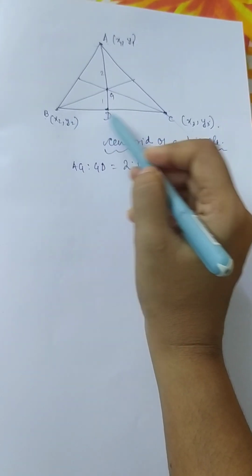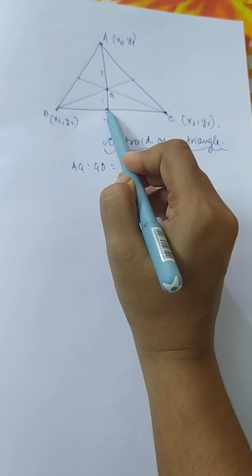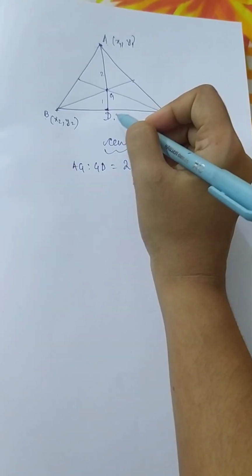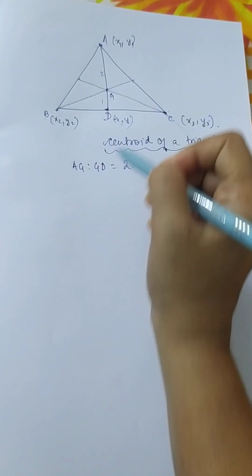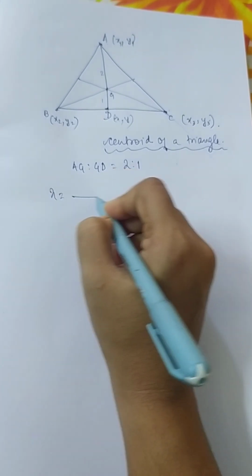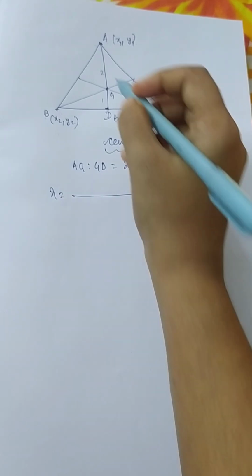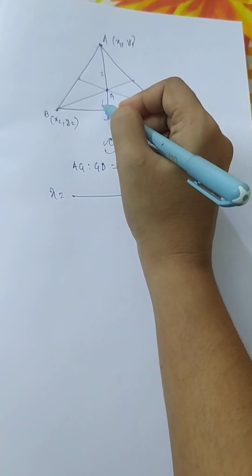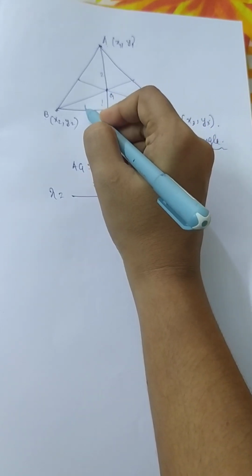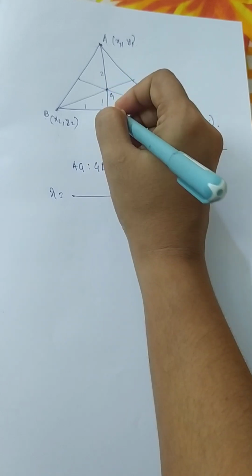So from this line itself, we can find out the coordinates of D. If we denote it as x and y, what will be the coordinates of D? As it is divided into 1:1, it is the midpoint.